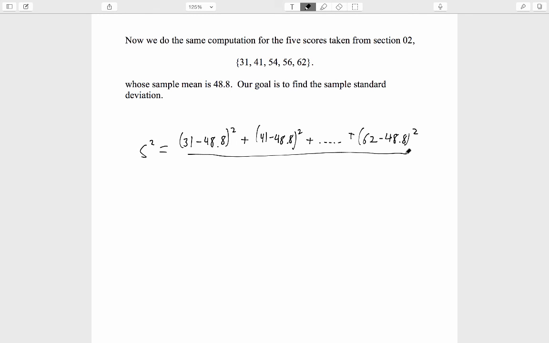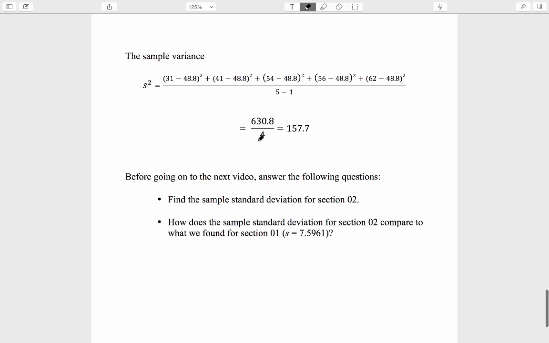All that needs to be divided by k minus 1, 1 less than the number of data points in our sample. Whatever number this turns out to be, this is the variance. So the sample variance turns out to be 157.7. When we tally up the sum of squared deviations from the mean in the numerator, that turns out to be 630.8. After dividing by 4, that gives us our variance, 157.7.